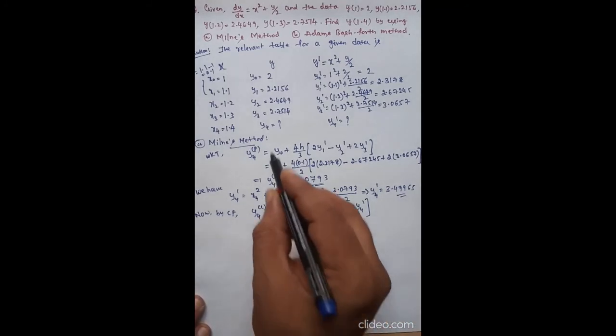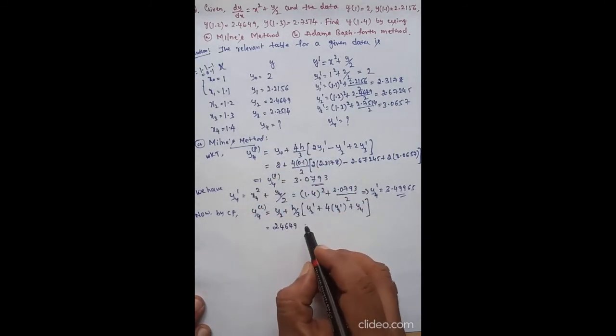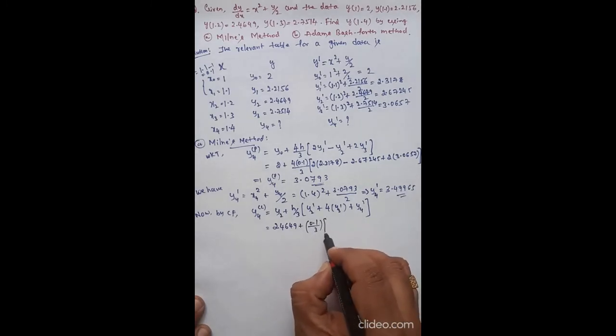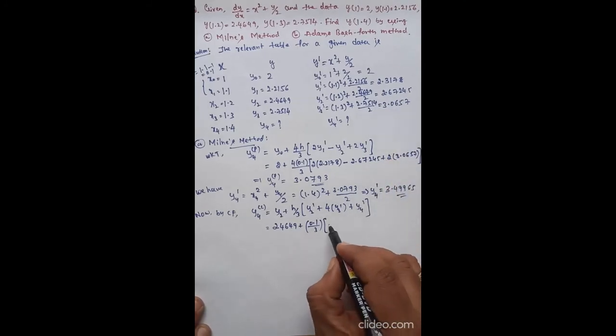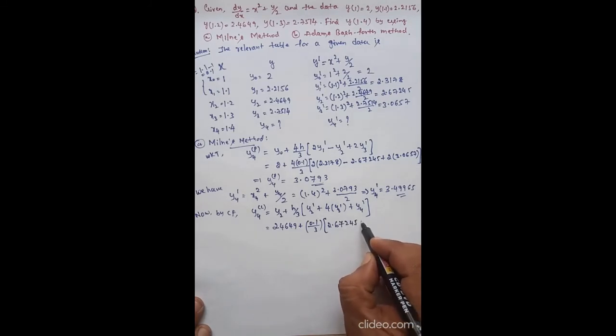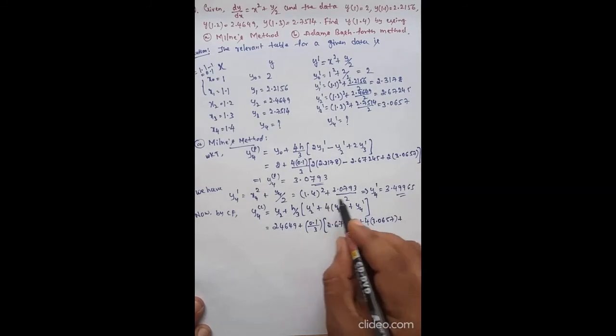This is equal to, what is y2? 2.4649 plus h is 0.1, 0.1 by 3 into y2 dash. What is y2 dash? It is 2.67245 plus 4 into y3 dash. What is y3 dash? 3.0657 plus y4 dash. And what is y4 dash?